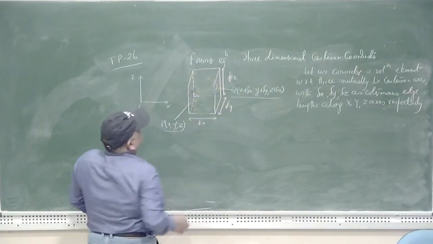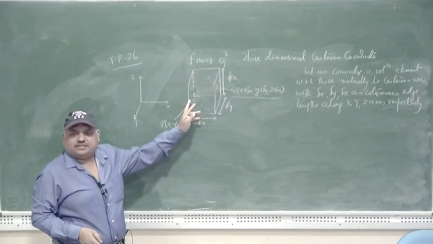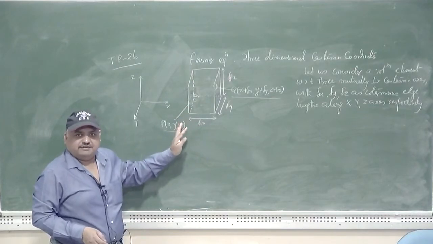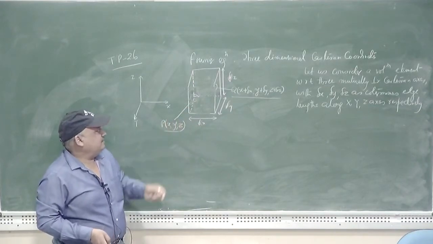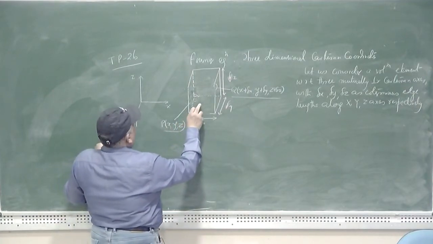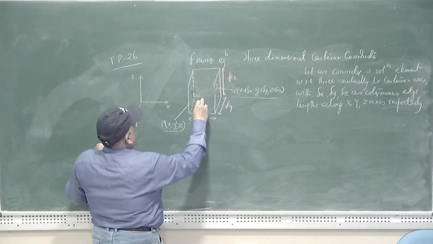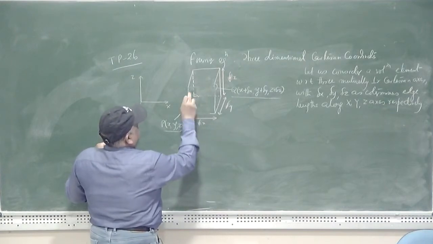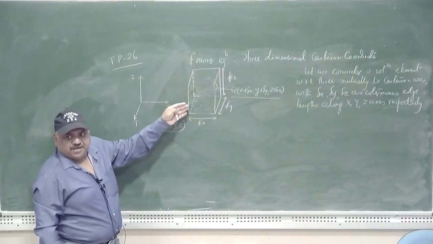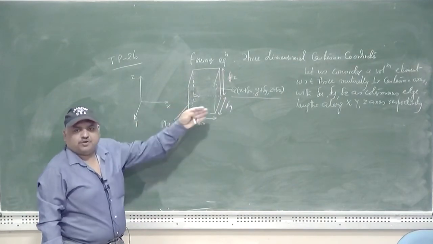If anybody asks how you can characterize this point P, it can be said that this is the meeting point of these 3 faces, 1, 2, 3. Now see this face, this is the face which is receiving the heat energy along the positive x direction.